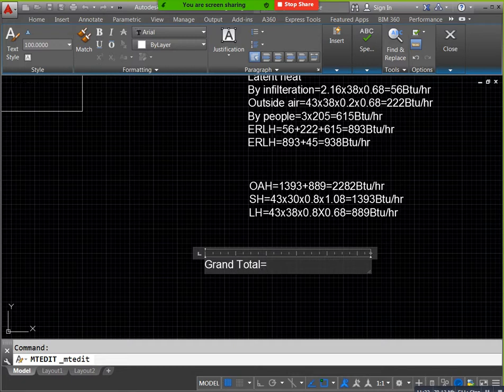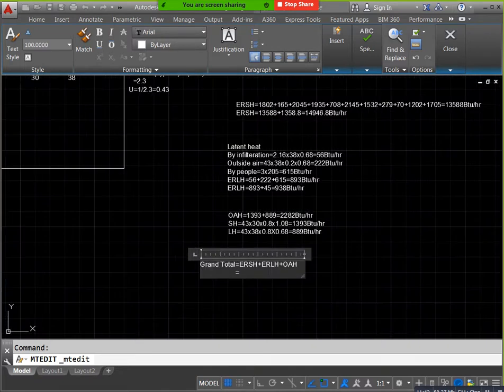ERSH, room sensible heat, how much here? 14946.8. ERLH means 938. OAH is 2282.